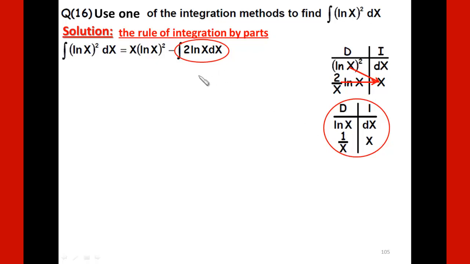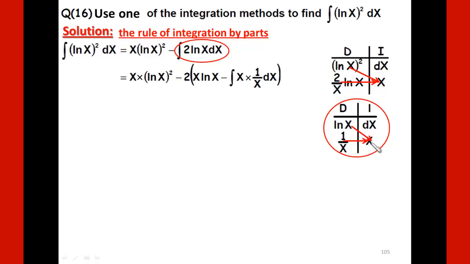Okay, and to complete solving the problem here. So we have x (ln x) power 2 minus 2, we take it out and we open a big bracket to write the result of integration of these two functions.